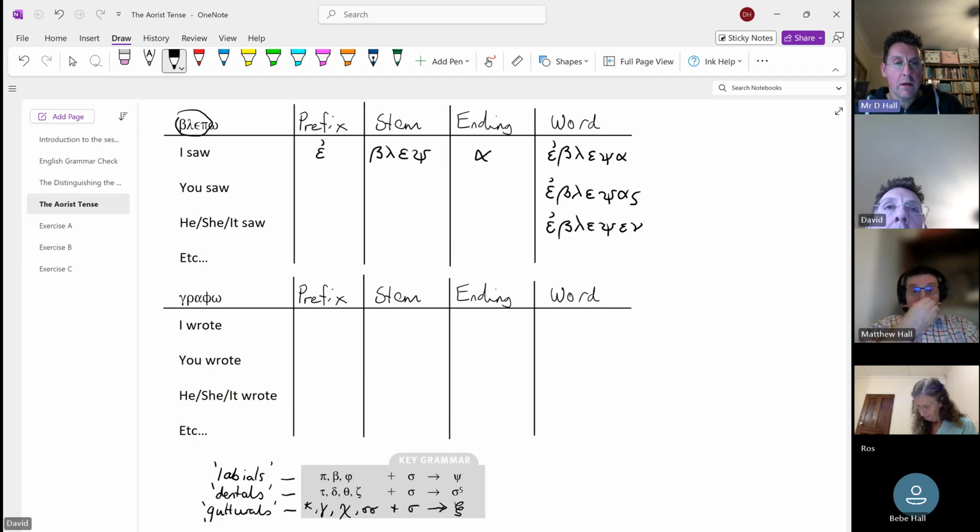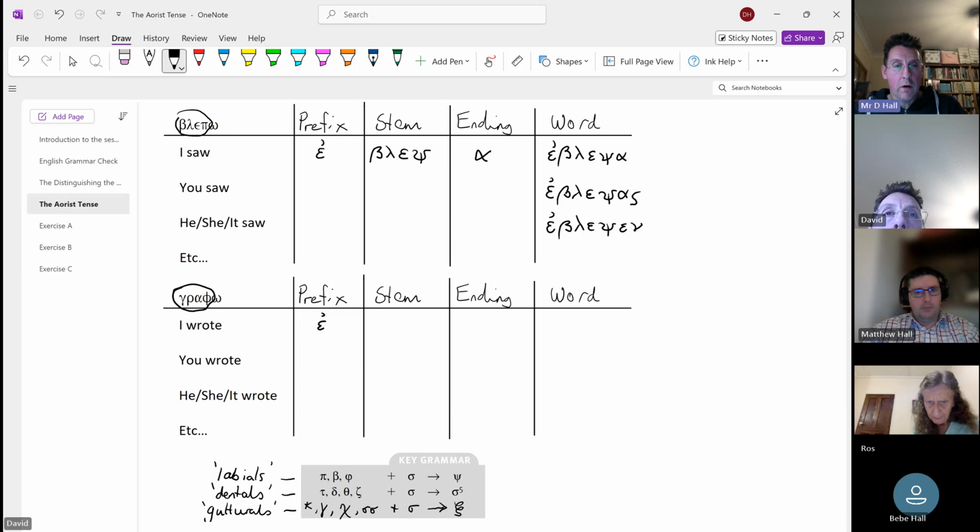So if you take a look at grapho, the verb which means to write: if I wanted to write I wrote, then I have the same prefix. Then I've got my stem, which is graph.